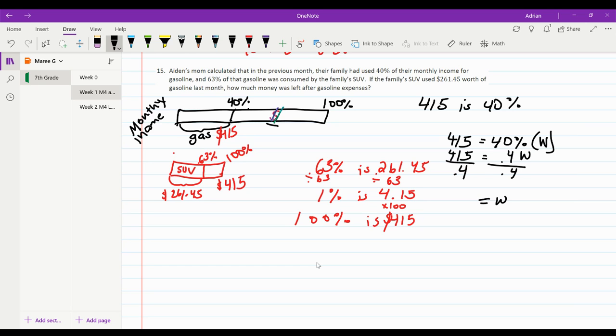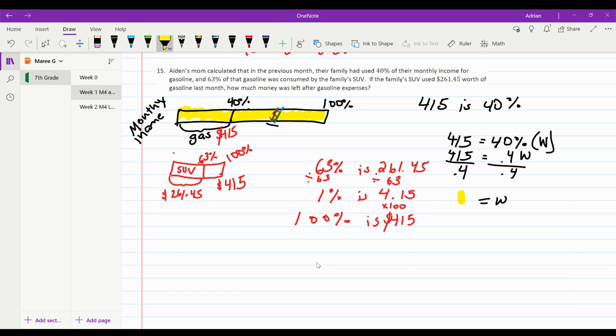After we figure out that amount, that gives me the whole, and the whole is represented in yellow.